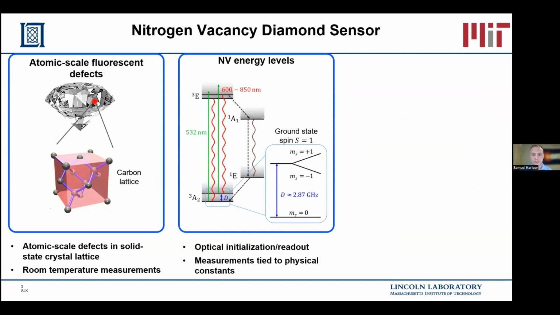The ground state for this system is a spin triplet state. A green laser excites the system. A non-radiative decay pathway preferentially repopulates the MS=0 state, which enables initialization of the quantum state. And one of the advantages of these quantum systems is that measurements are tied to physical constants, which reduces uncertainty and the need for calibrations.